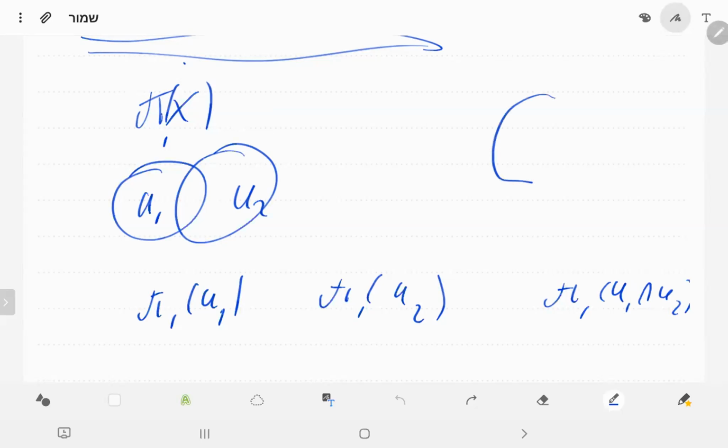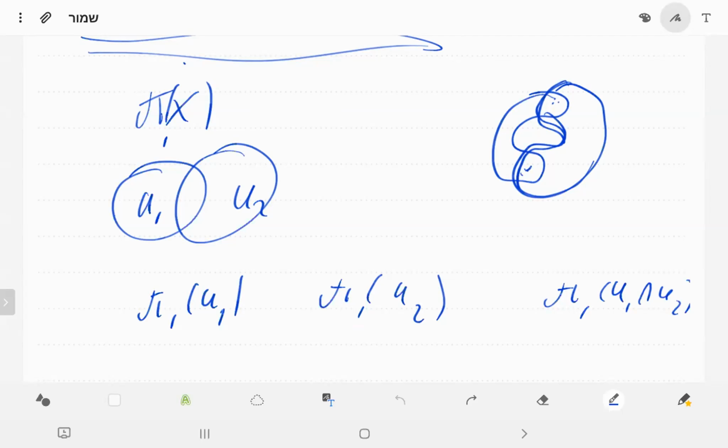But you can have an interesting situation when U1 and U2 are connected, X is connected, but the intersection is not connected. And then you get something interesting, because U1 and U2 both have trivial pi1, and the intersection has trivial pi1 except that its pi0 is not trivial, and the union has non-trivial pi1.